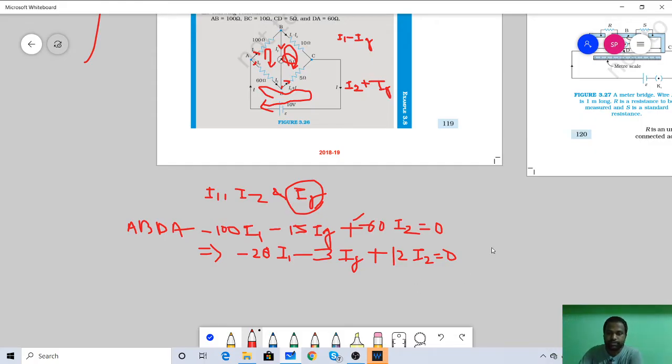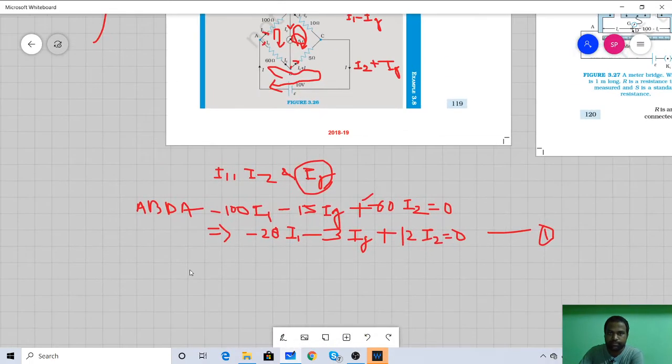So this is the first equation I got. Now I'll proceed to the second loop.